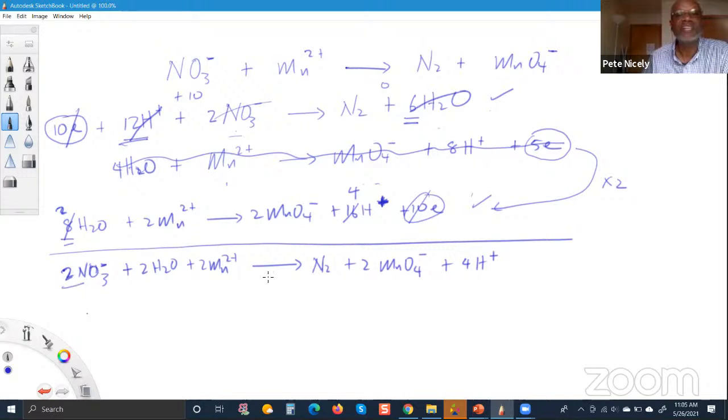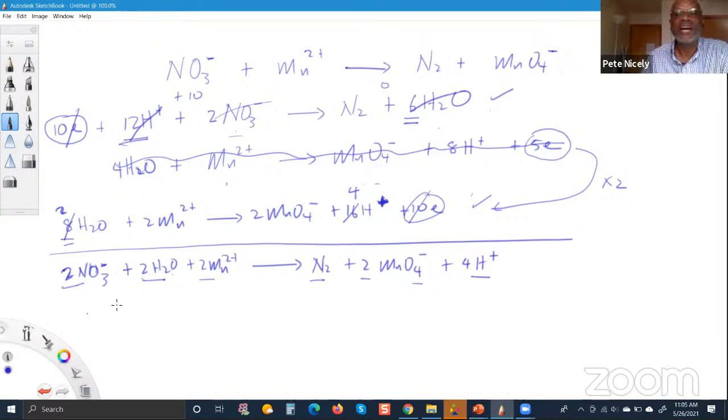So we have 2 nitrogens here, 2 nitrogens, so that's okay. We have 6 plus 2, 8 oxygens, 2 times 4, 8 oxygens. Then we have 4 hydrogens, 2 manganese, 2 manganese.